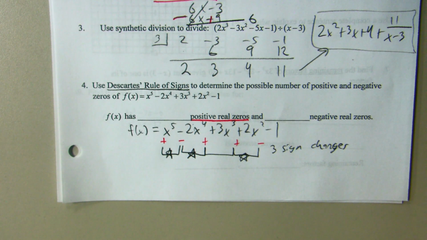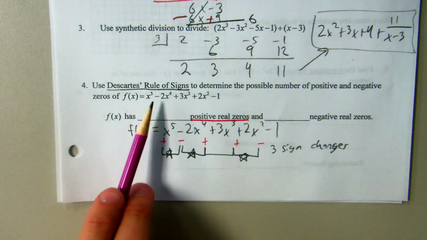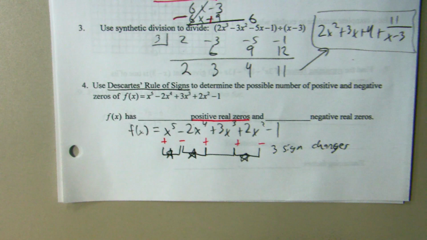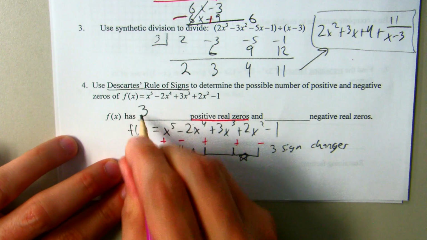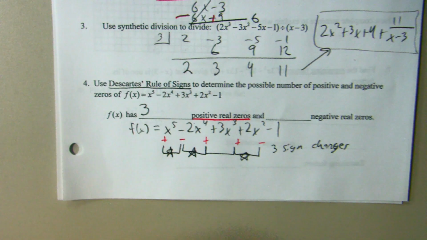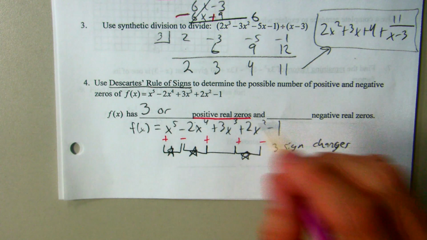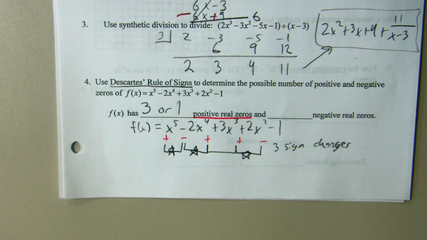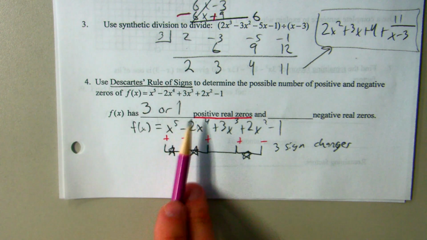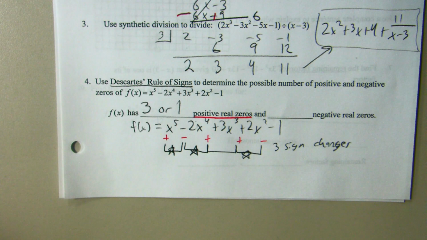That means that for the zeros of this function, there's either 3 of those, or subtract 2 from that, 1. And you just keep subtracting 2 until it doesn't make sense. So I don't need to subtract 2 again because you'd be getting negative 1.